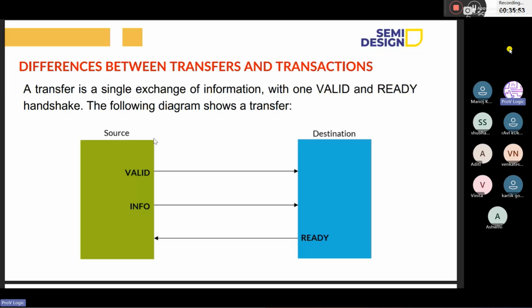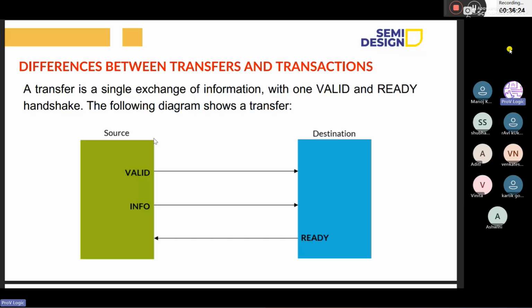In the AHB protocol, we have 2 phases, right? One is address, one is data. Address phase is a single clock cycle, data phase is multiple clock cycles. Like that, in the APB protocol we have phases: setup phase, access phase, idle, 3 phases are there. In AHB, address phase and data phase.